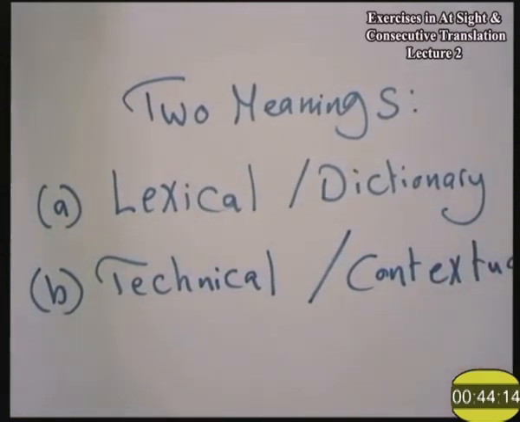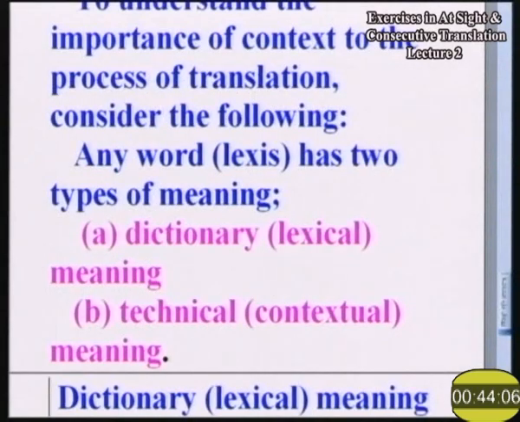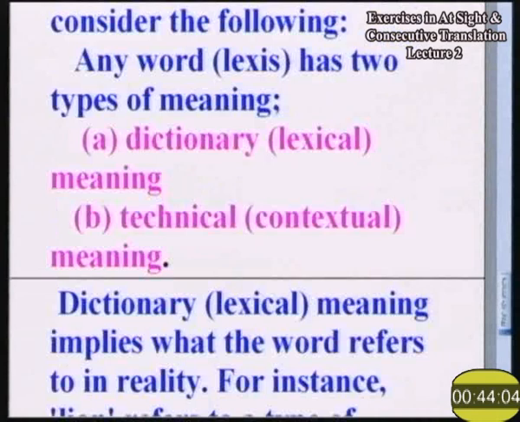Now let's see what this is. Dictionary or lexical meaning, and the second one is the technical or contextual meaning. Any word or lexis has two types of meaning: dictionary meaning and technical meaning.